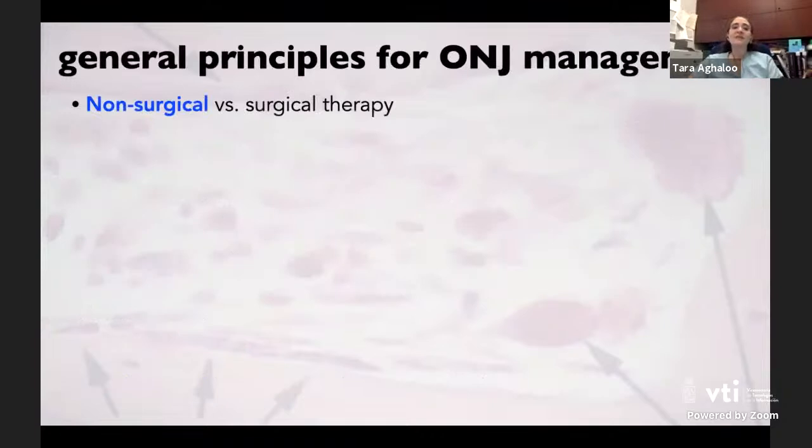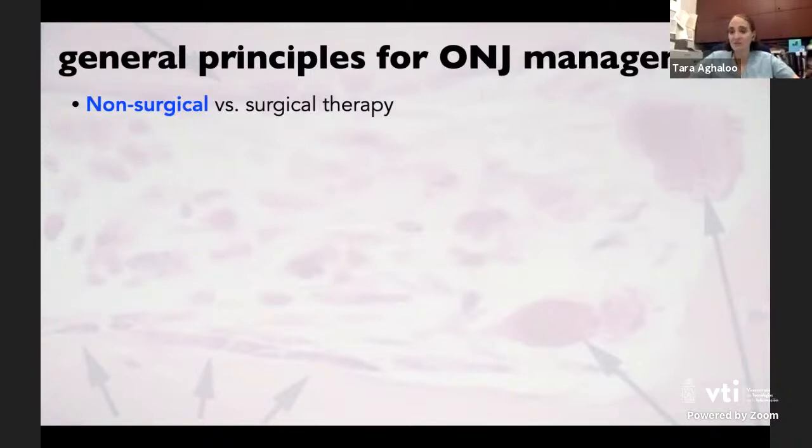General principles: consider non-surgical management instead of surgical therapy. Now, if it's a patient who really can't do the wound care, or has some reason, or just wants a treatment where everything's done at once, because sometimes non-surgical therapy can take some time, then certainly you can offer surgery as a treatment option.